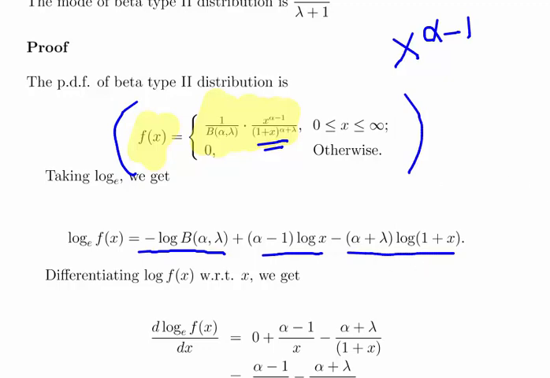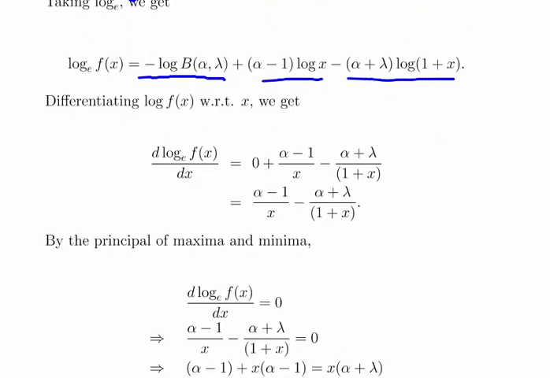Now when we differentiate that, the first term is a constant in terms of x, so it differentiates to 0. When we differentiate alpha minus 1 times log of x, we get alpha minus 1 over x.